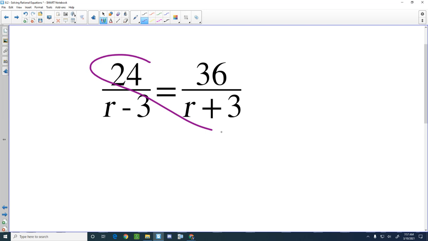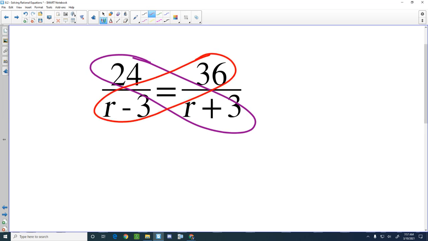You can cross multiply, saying 24 times (r plus 3) equals 36 times (r minus 3), which you'll realize was the exact calculation that we did.